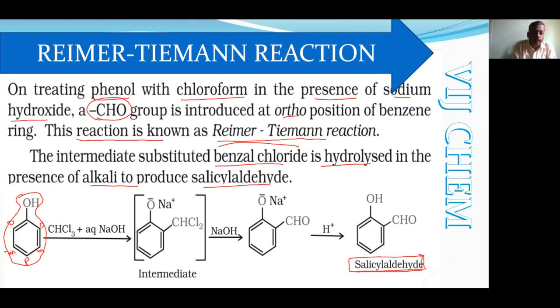Here hydrogen is there and CHCl3. You will write CHCl3 like this: CH and Cl2, and one chlorine.